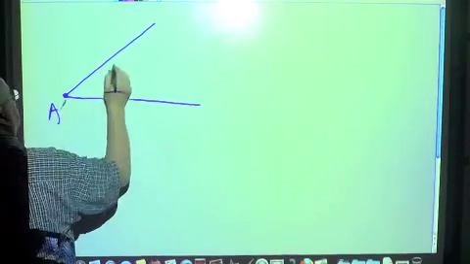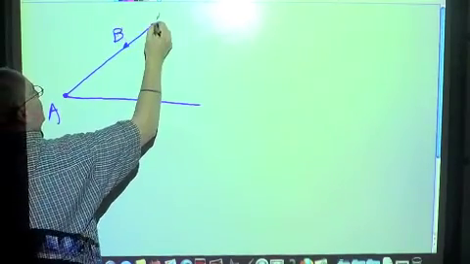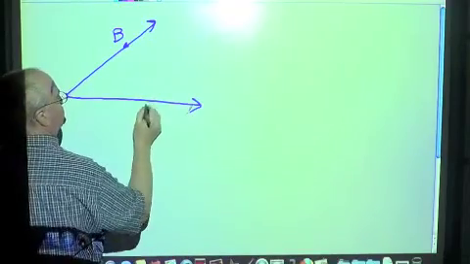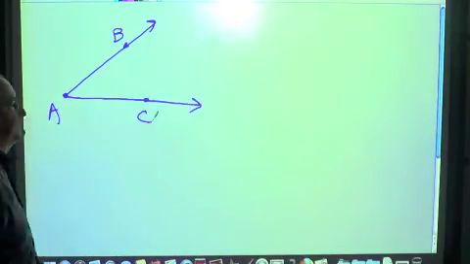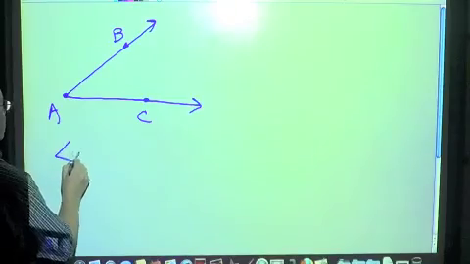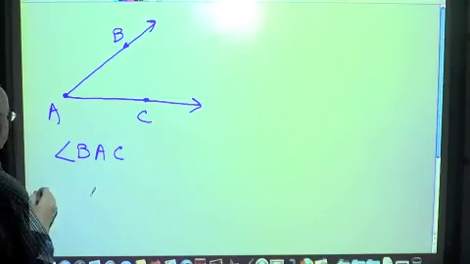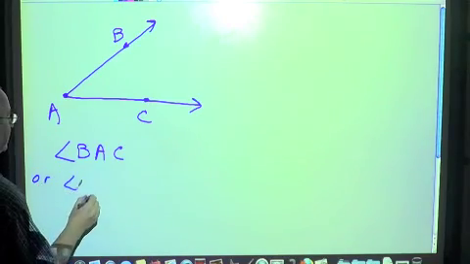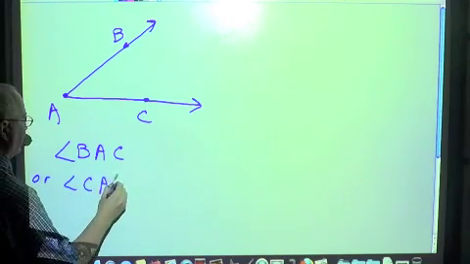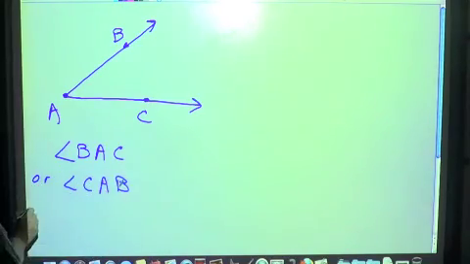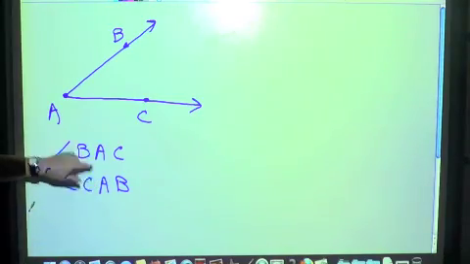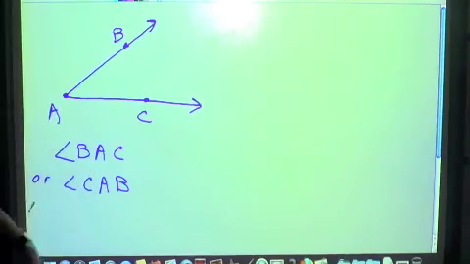Let's put A in the middle. B. If you'll notice, I'm using different letters for the angles. This is angle BAC, or we can call it angle CAB. What's always in the center? The vertex is always in the center.